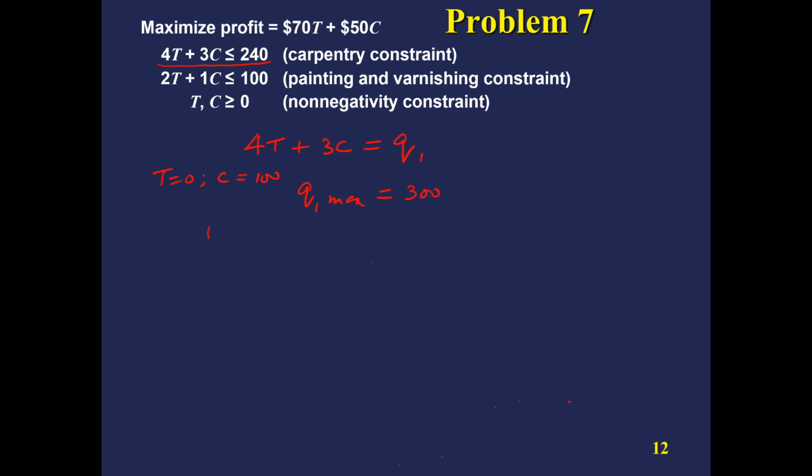For the minimum, T is equal to 50 and C is equal to 0 in equation 1 gives Q1 minimum equal to 200. So Q1 range is from 200 to 300. That's it, and we can do the same thing for the painting constraint.